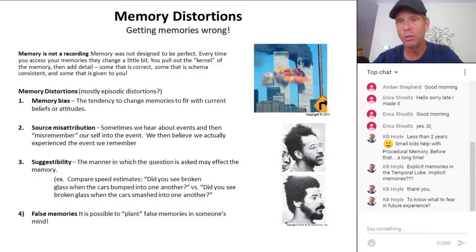Or maybe you used to be very homophobic, but then you met some friends who were homosexual and changed your attitudes and realized the error of your ways. And then you might have to think back to how you were as a young child. It wouldn't be very comfortable to have those kinds of memories. So sometimes we just change our memories to make ourselves feel more consistent.